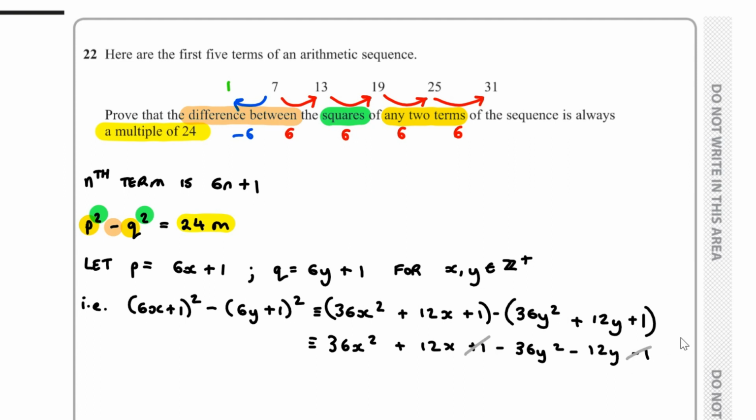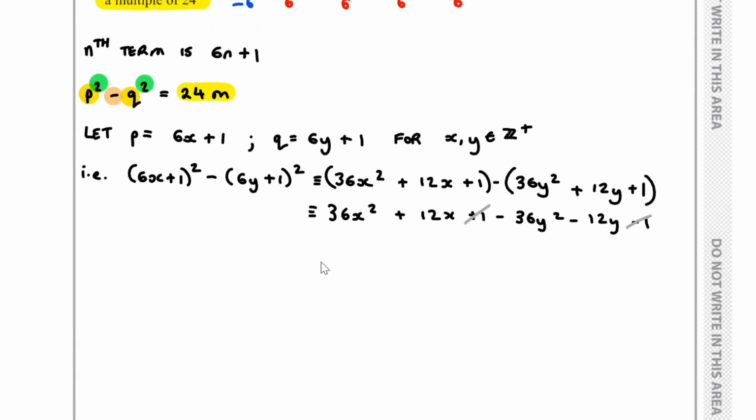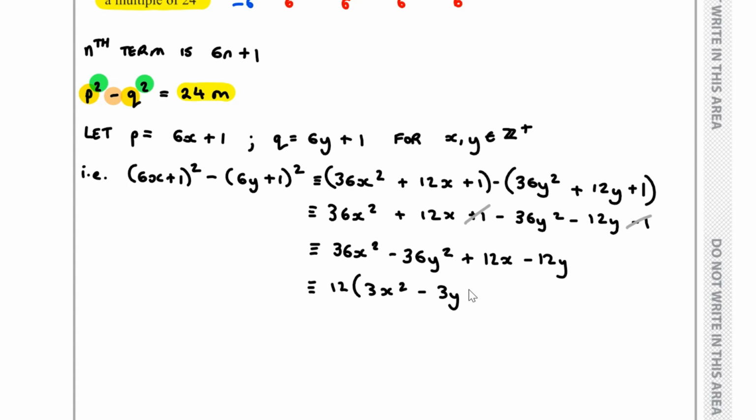So the plus 1 and minus 1 cancel. We are left with 36x squared minus 36y squared plus 12x minus 12y. And we can take out a 12 as a common factor, so we've got 12 lots of 3x squared minus 3y squared plus x minus y. So how does this help us?